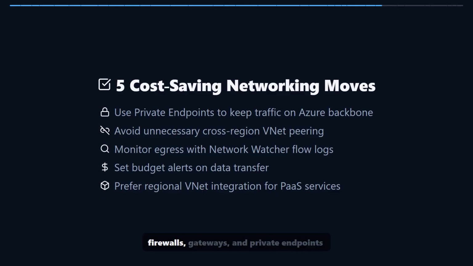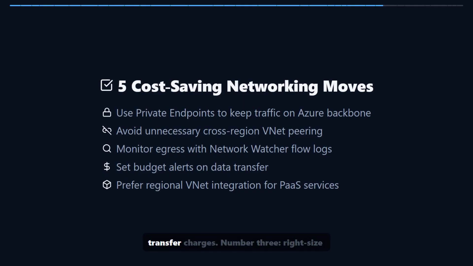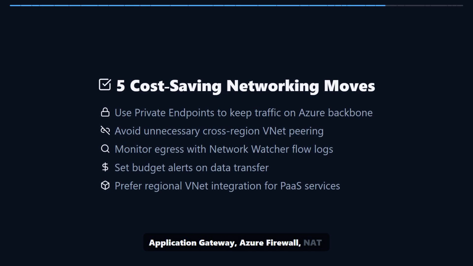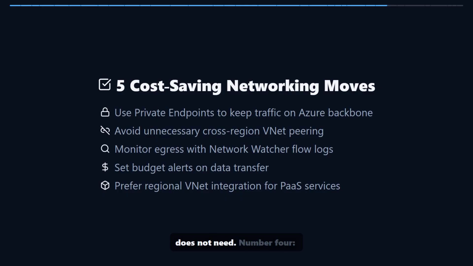Peering, firewalls, gateways, and private endpoints may each add processing or transfer charges. Number 3. Right-size services such as VPN Gateway, Application Gateway, Azure Firewall, NAT Gateway, and ExpressRoute. Do not pay for capacity the workload does not need.